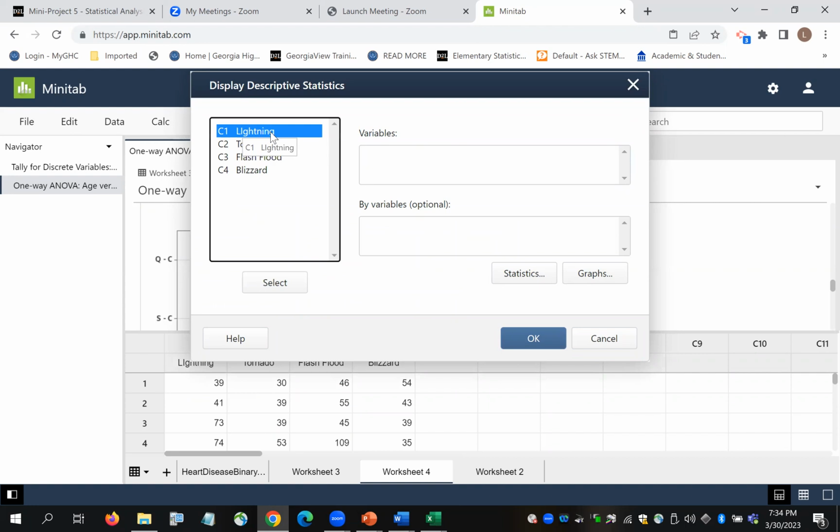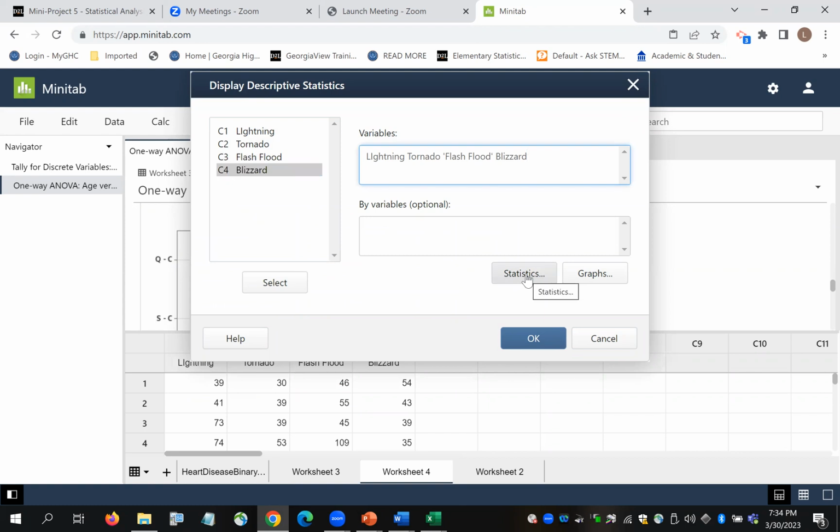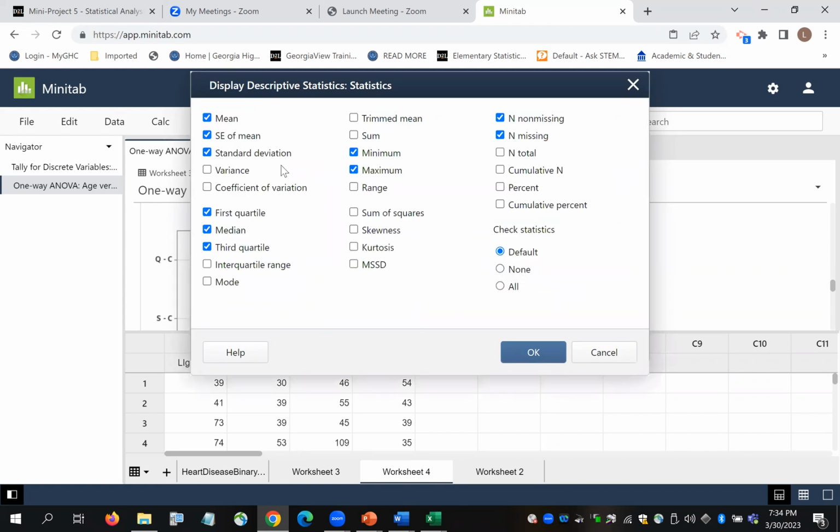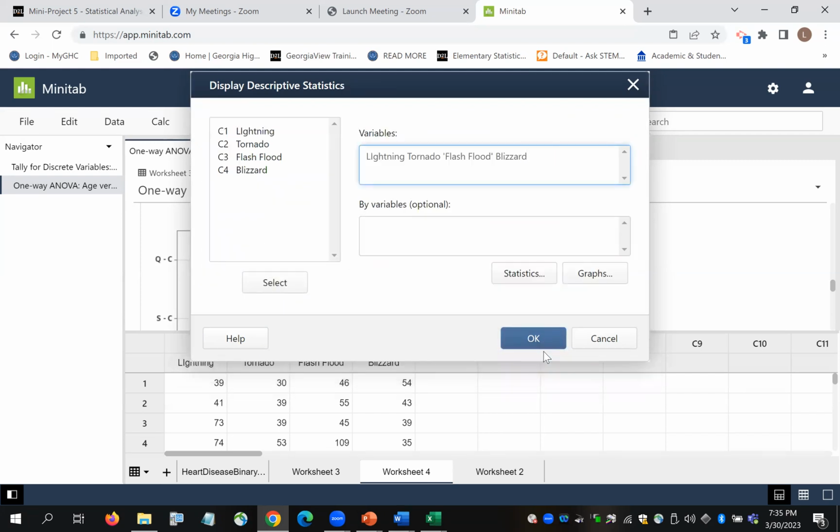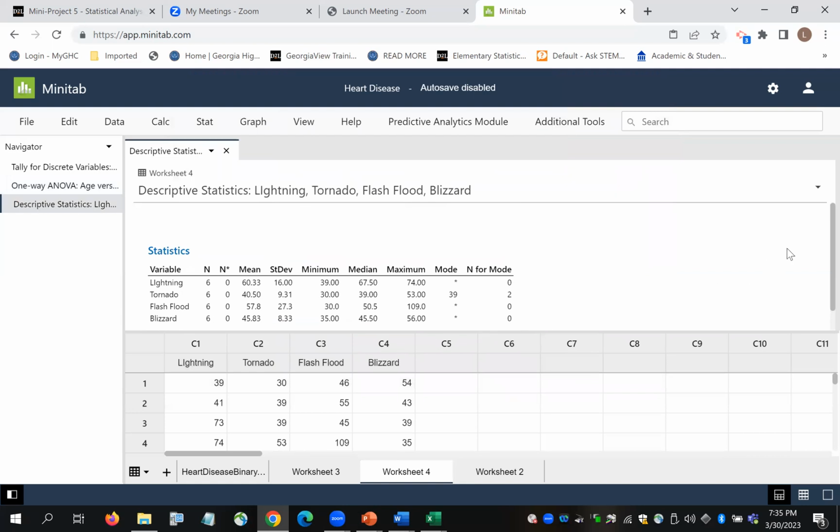I'm going to choose all 4 variables. Minitab will do all 4 variables for me at one time. I want to make sure it's going to calculate the mean, the median, and the mode. Now I can have it do other things, but I don't need the other things. Okay, so I'm going to click OK, OK, and let's look.